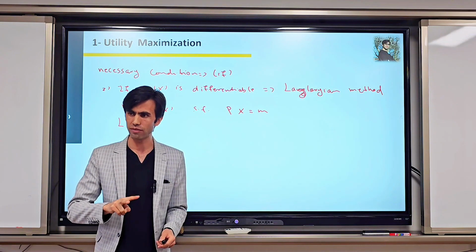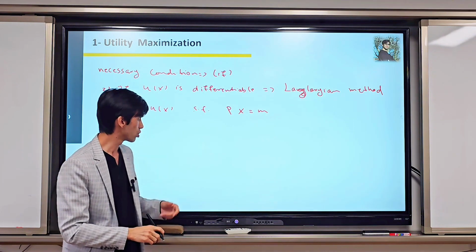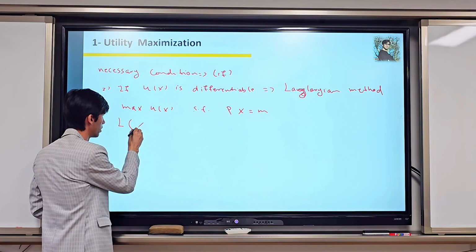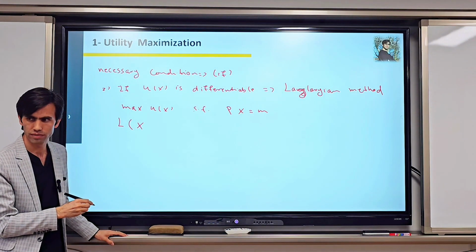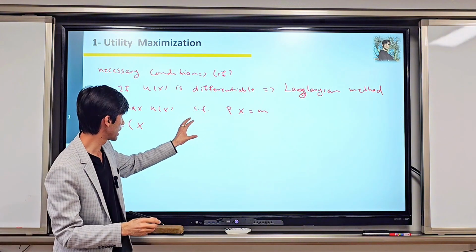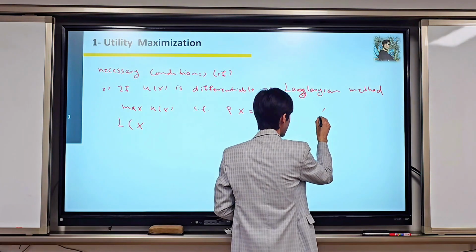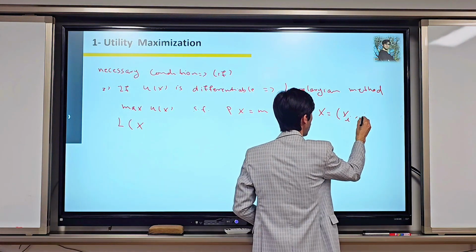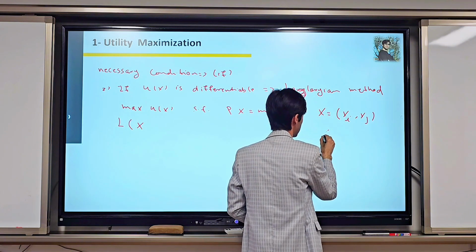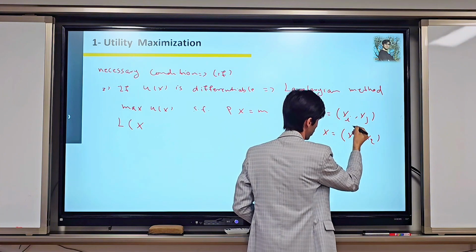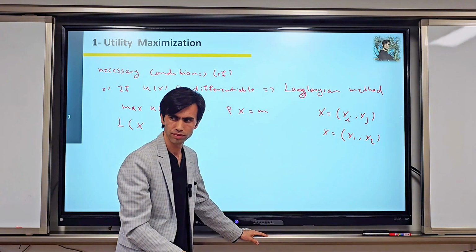Those optimal levels of consumption come from consumption of x. Suppose that in order to make it easier, this x is a vector of xi and xj, or a vector of x1 and x2. For example, i is 1 and j is 2.